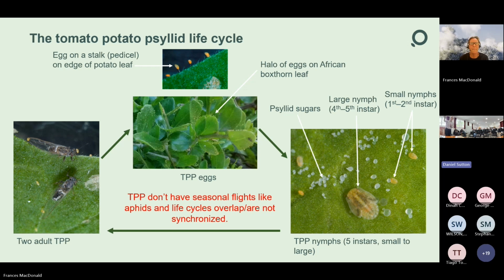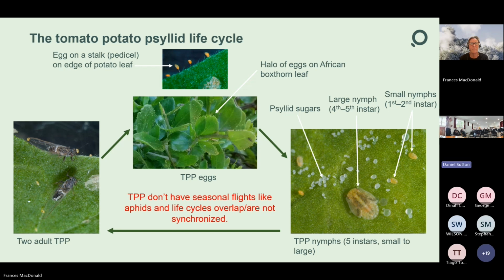And that's a photo of boxthorn in Southbridge, and there are just gazillions of eggs there. So that wasn't very good. And then those eggs develop into nymphs, and they have 5 nymph stages from very small to large. Another click, please.